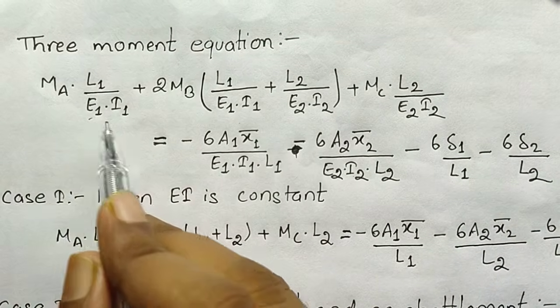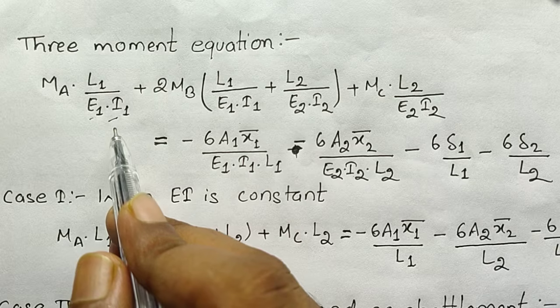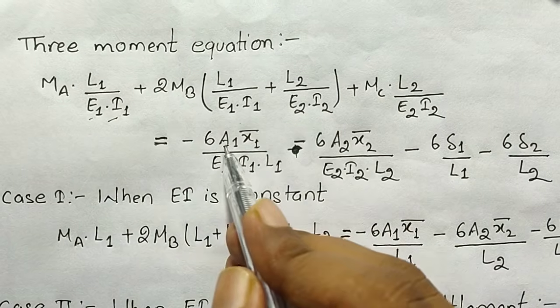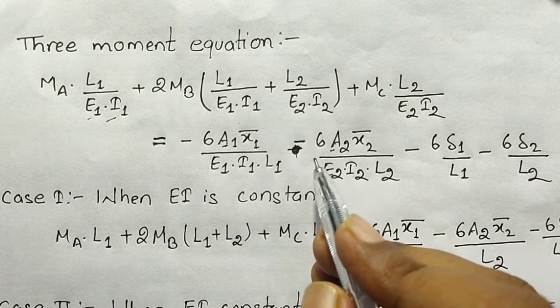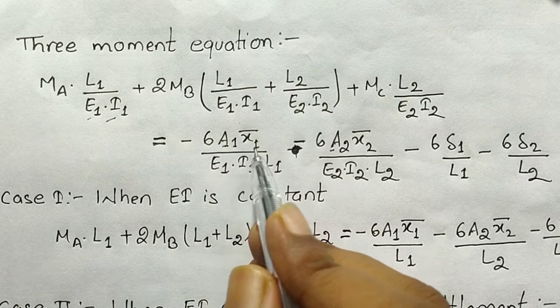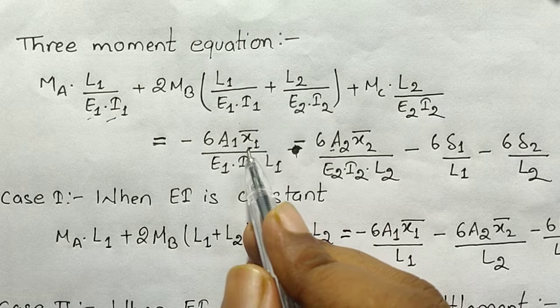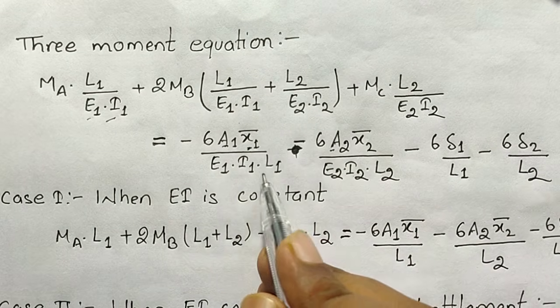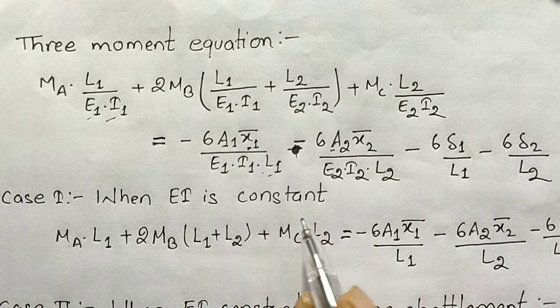Here EI represents the flexural rigidity while A1 represents the area of the bending moment diagram, X bar is the CG of that diagram, and L represents the span.